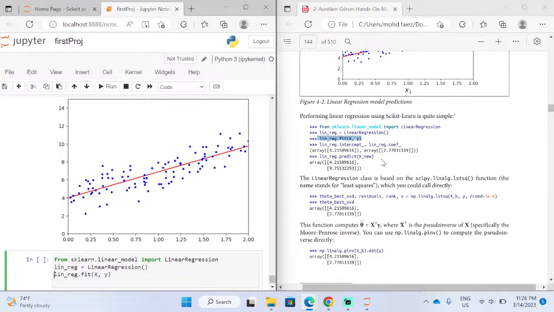linear_reg.intercept_ comma linear_reg.coef_. Let's see what this line does.